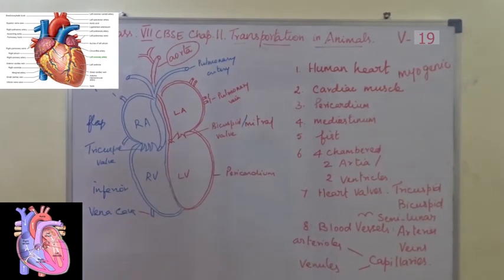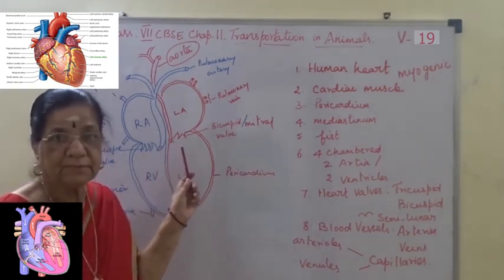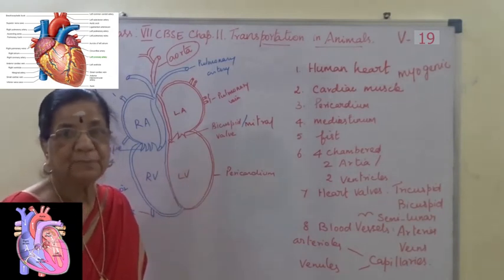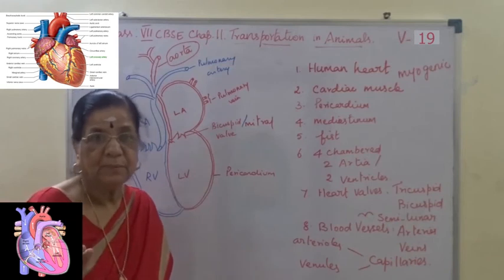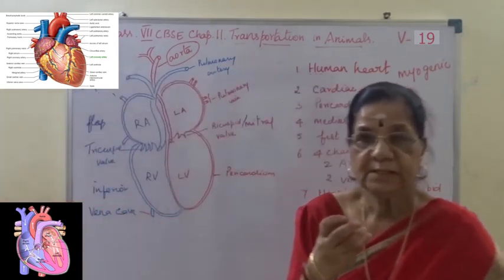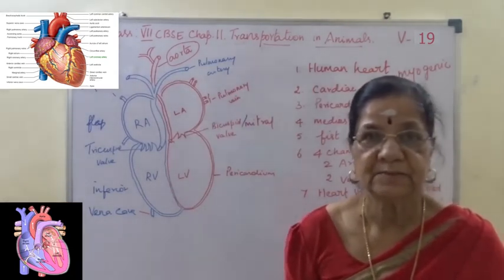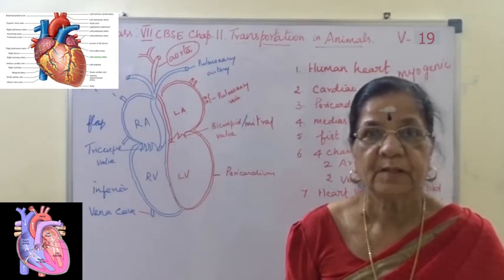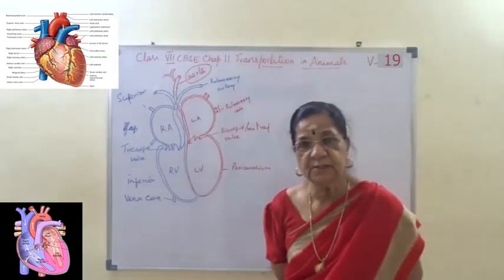So far we have done the structure of the heart, then the valves present in the heart, and then blood vessels: the aorta and vena cava, and then arteries, veins, and capillaries. Shall we continue? So what have we covered now?